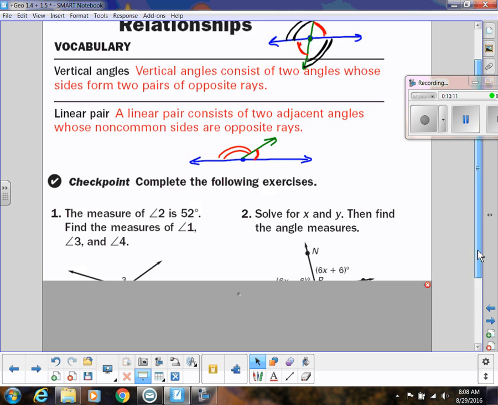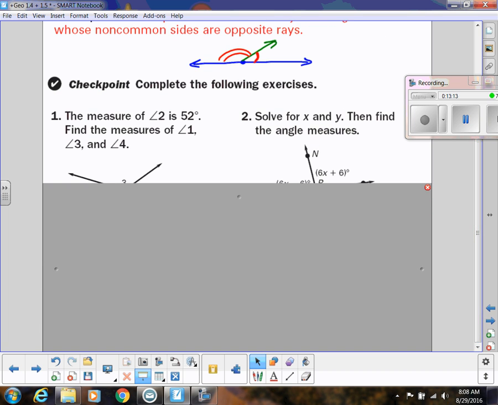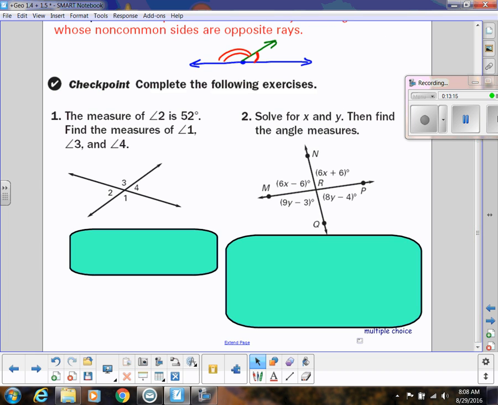So now, how can we use this information? How is this helpful? What do we know about a straight line? How many degrees is a straight line? Well, we know a straight angle is 180 degrees. So if they tell me in this diagram that angle 2 is 52 degrees, if you look at the linear pair with angle 2, that's angle 3 right here.